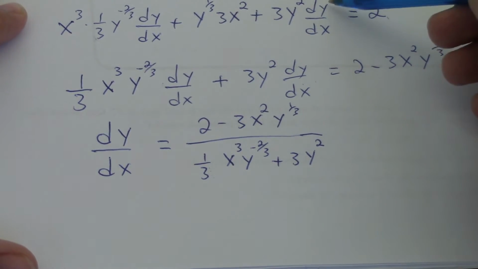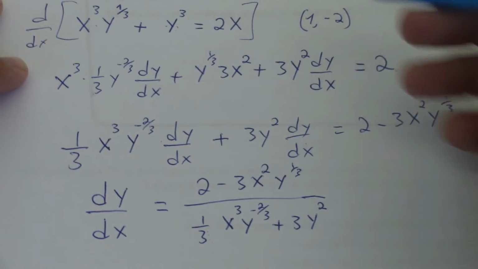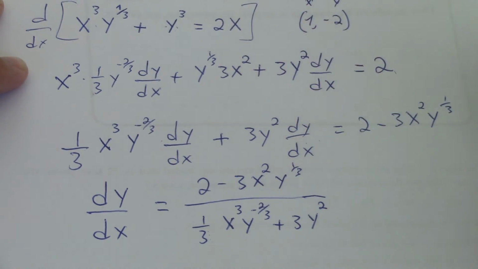Okay, once you have this, what you do is you plug in. Here we have 1, negative 2, so this one is x and the negative 2 is y.